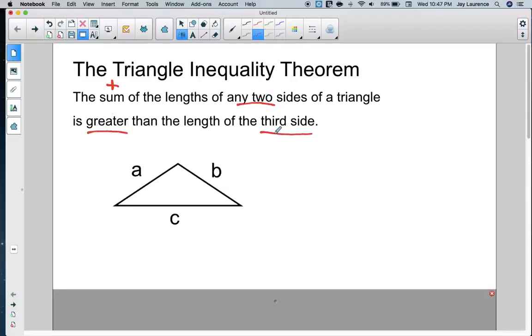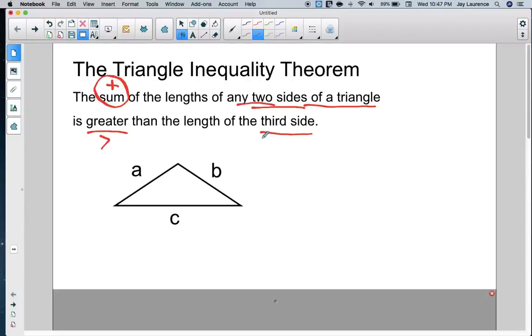Now, I know a lot of you look at this and you go, huh, what does it mean? Well, there's nothing in here you don't understand. You know that sum is addition. You've got to add two side lengths of the triangle together, and that is going to be greater than the length of the third side.